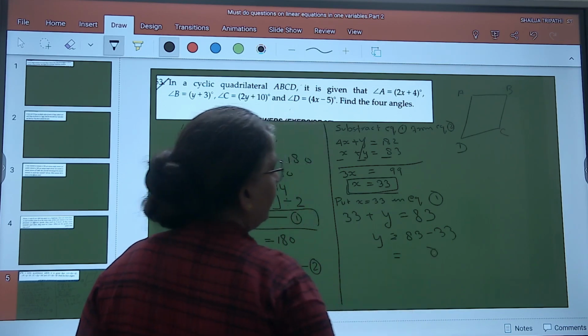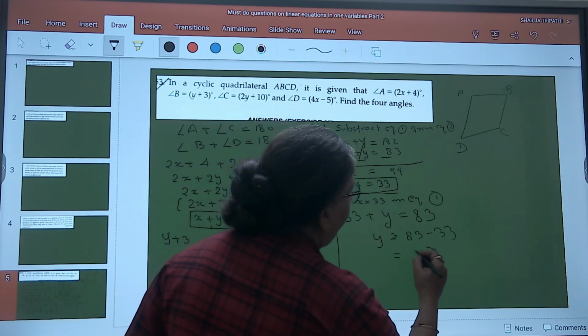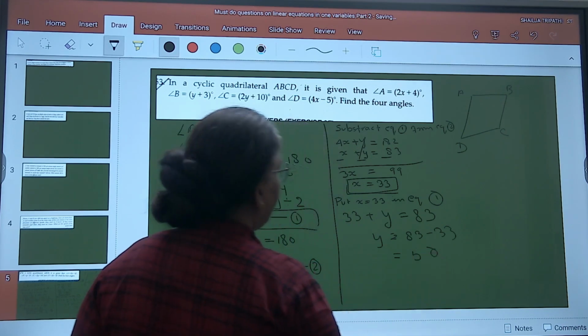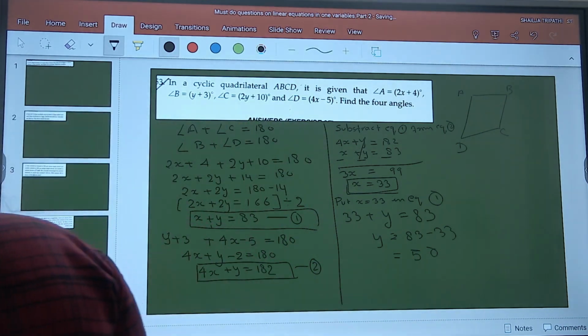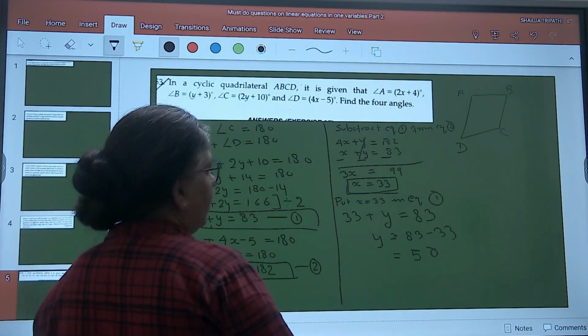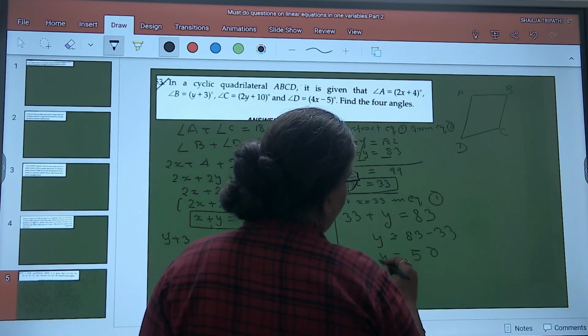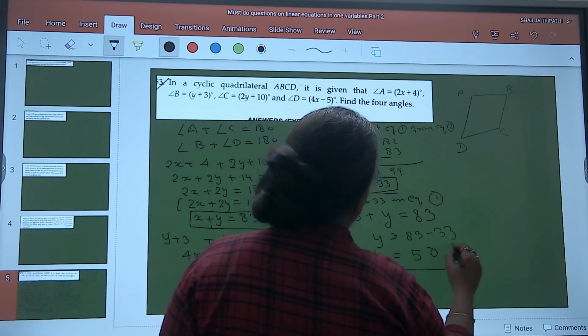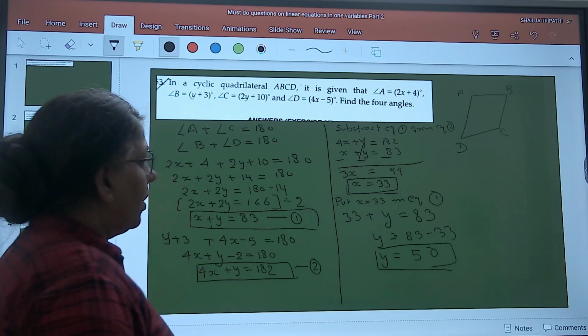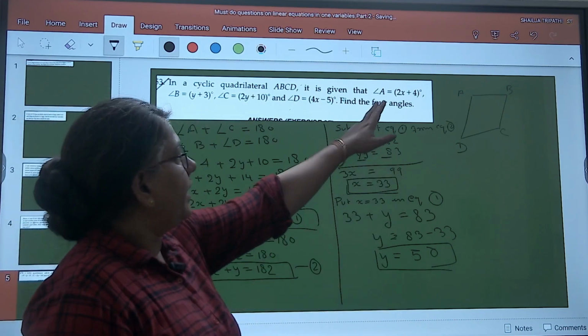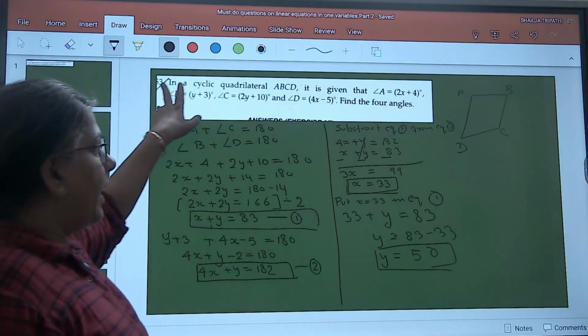So here you get y is equal to 50. So x is equal to 33 and y is equal to 50. Now putting the values of x and y, we can find all the angles.